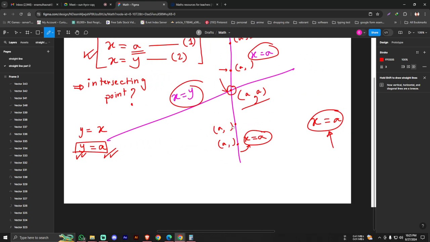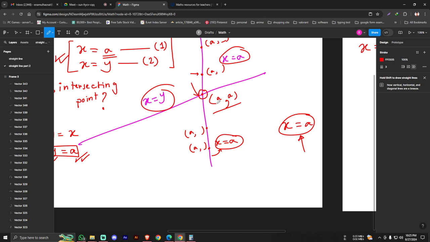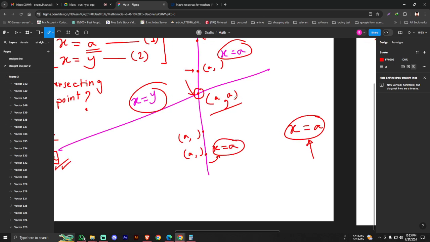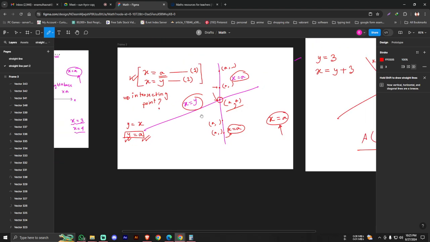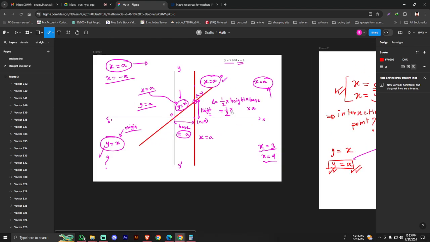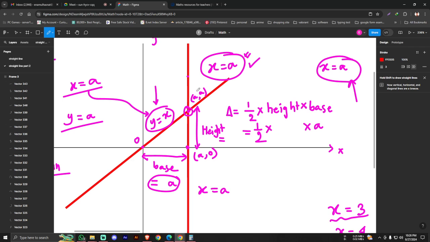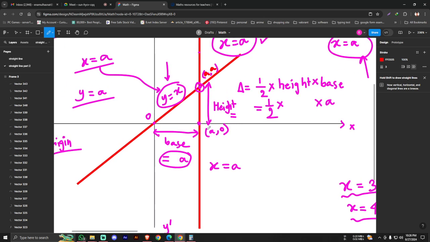Now we know that this intersecting point is a comma a. So we're going to replace this information right here. The intersecting point, we have already replaced it, a comma a, right here. This information also gives us the height, because height is in some sense the value of y.